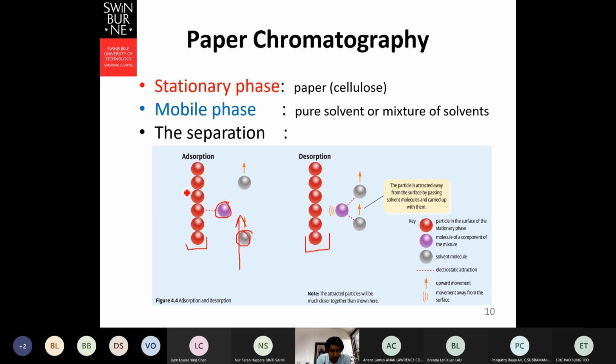This purple color is the pigments, or the atoms of our interest. Once it is coming along with these silver atoms, it holds on to these atoms on the solid phase by adsorption. So it holds there for some time.